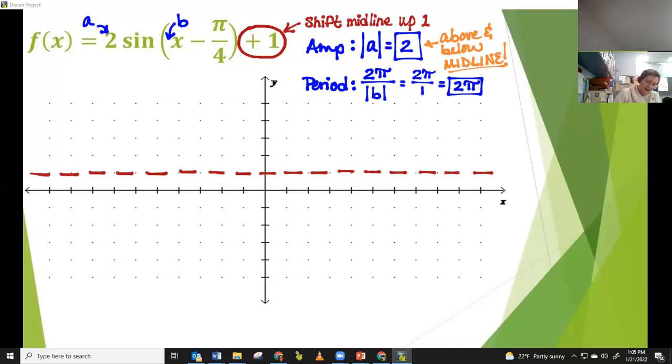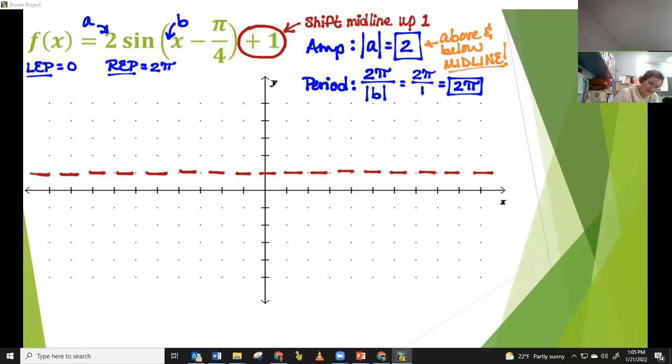Okay. I need my left endpoint and my right endpoint. And then I'm going to go ahead and set up my X and Y axis. Left endpoint, we're going to set equal to 0. Right endpoint, we're going to set equal to 2 pi, because that's the beginning and ending for one full revolution around the unit circle for the parent.